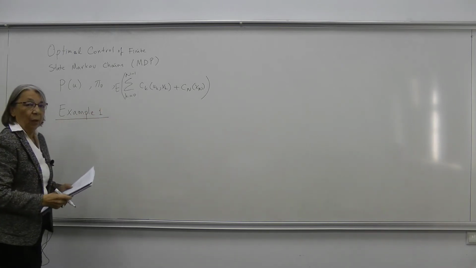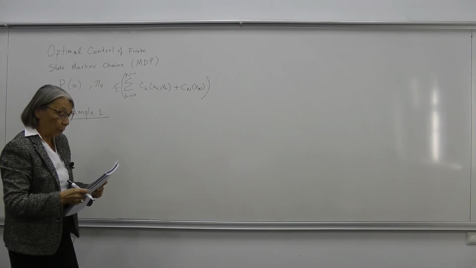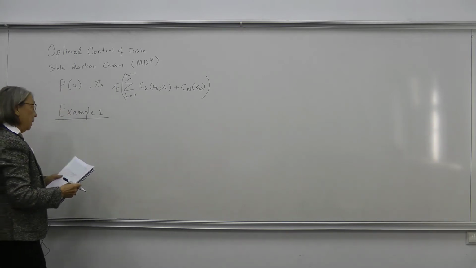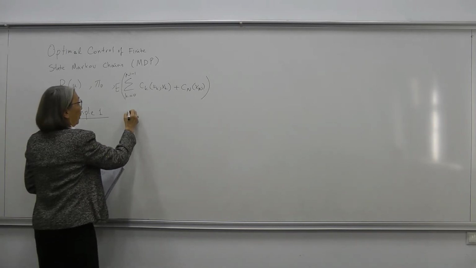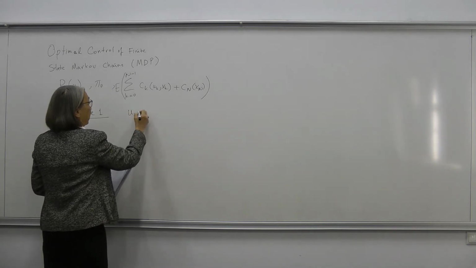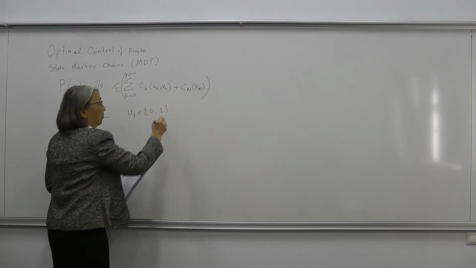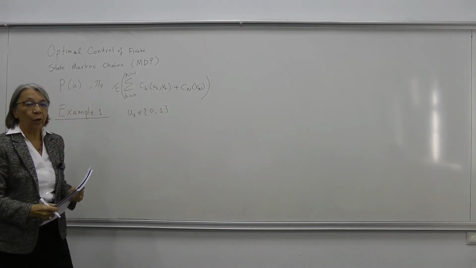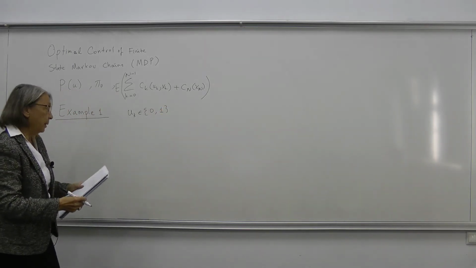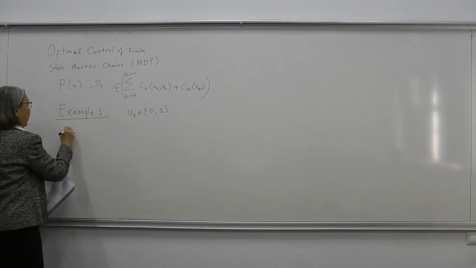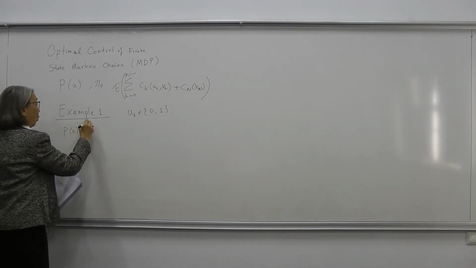In this example, we have 3 states of our Markov chain, and we have 2 inputs, so that our uk for any time k belongs to the set 0 and 1. The input selected is either 0 or 1. And we have to define p of 0 and p of 1.